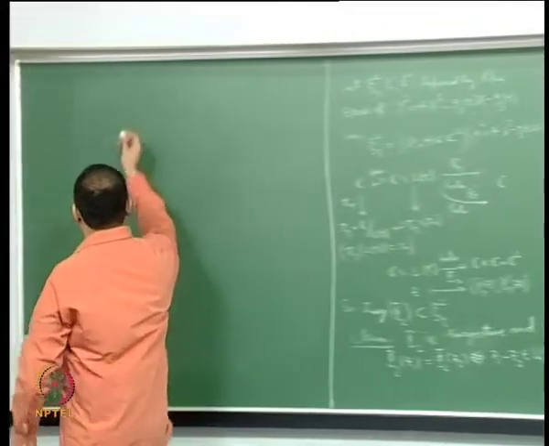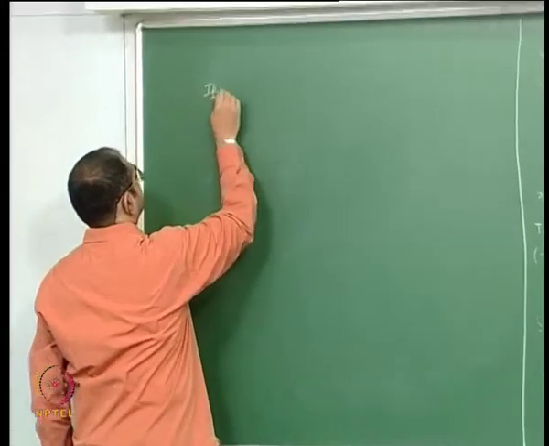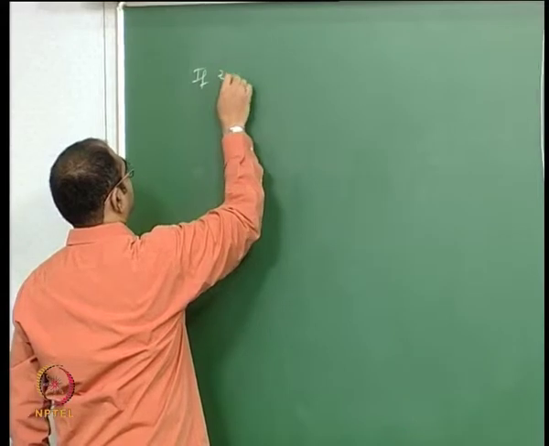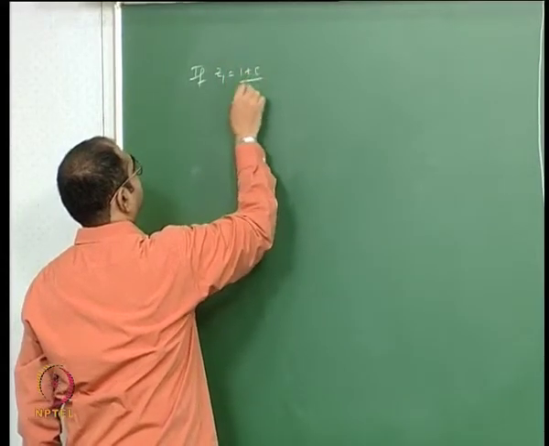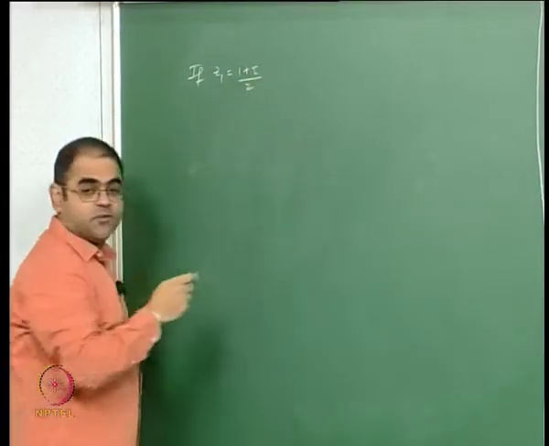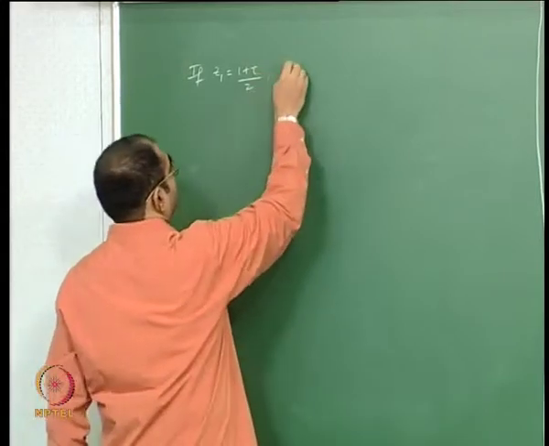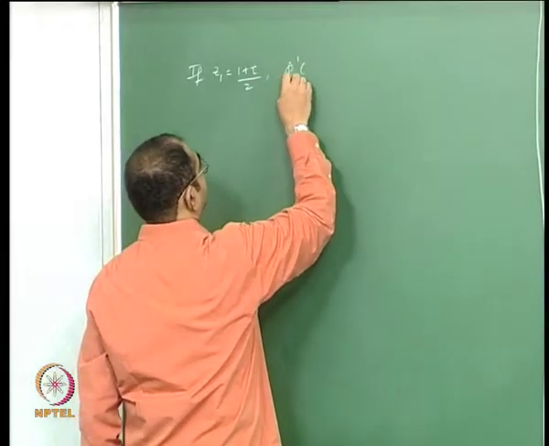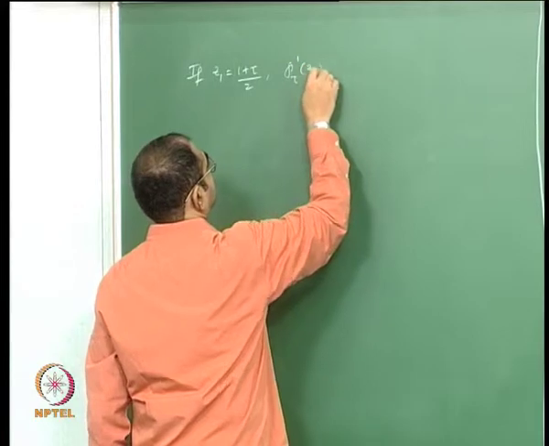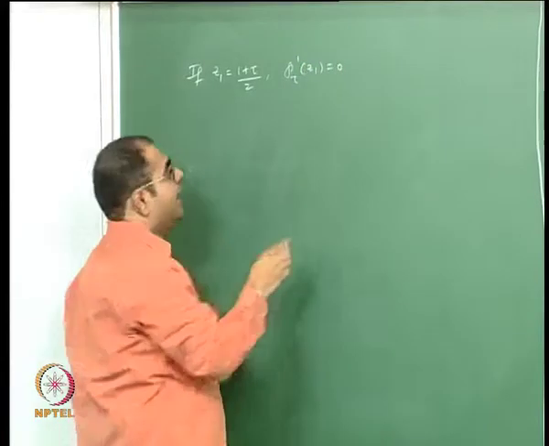So if z1 is (1 plus tau) by 2, since this is a 0 of phi prime of tau, you will get phi prime sub tau of z1 is 0.